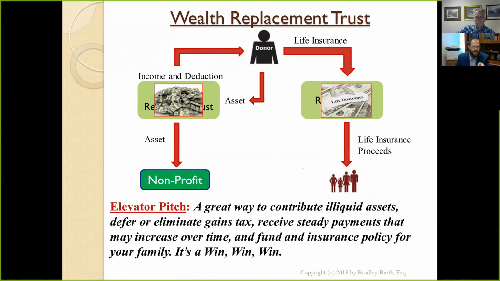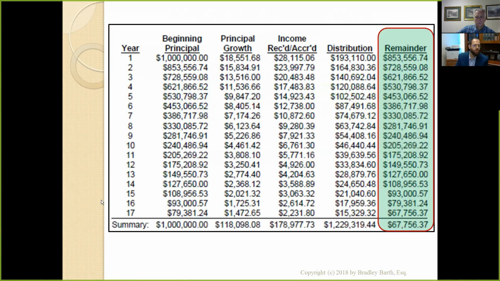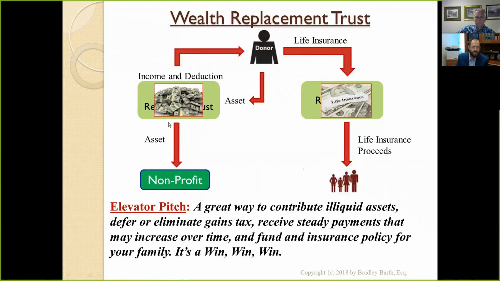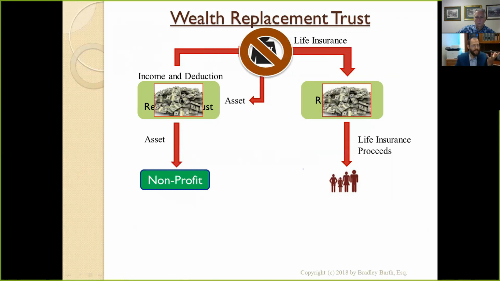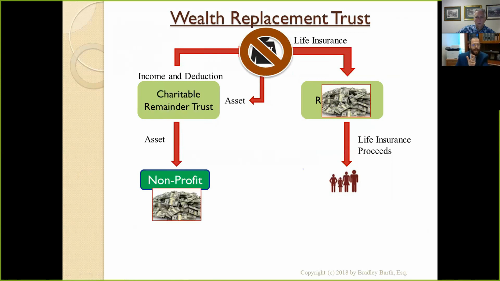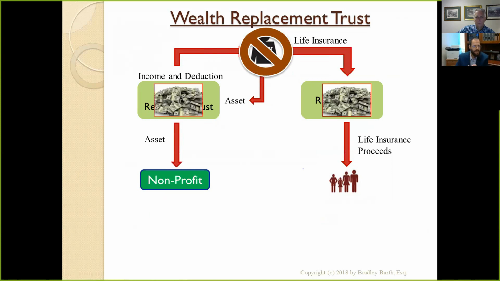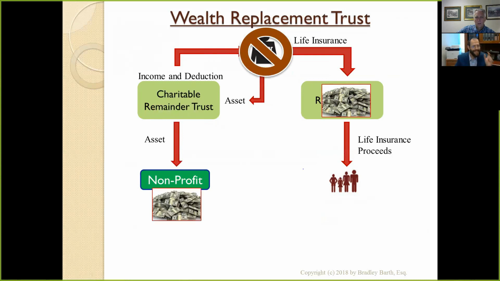Now this over here in green is what goes to the charity. When she dies, the life insurance policy also turns into cash. So the remainder, that $386,000, goes down to the nonprofit. And then the kids get the full $1 million from the life insurance policy.